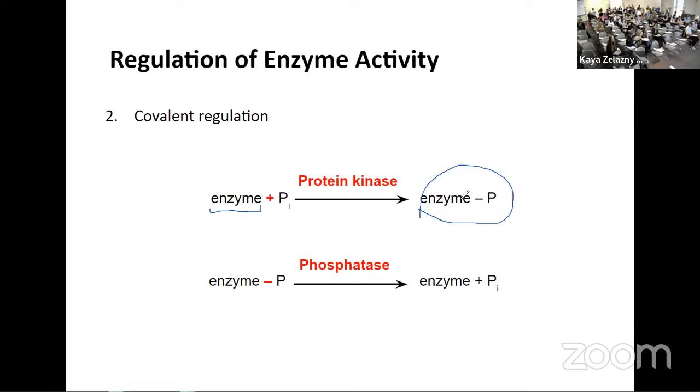That's forming our enzyme-phosphate complex. We have that enzyme-phosphate complex until we have another enzyme catalyze the reverse reaction. So we're starting with our enzyme bound to our phosphate, and we have a phosphatase act, and it breaks that bond. So we're back to having our enzyme and our phosphate separate from each other.